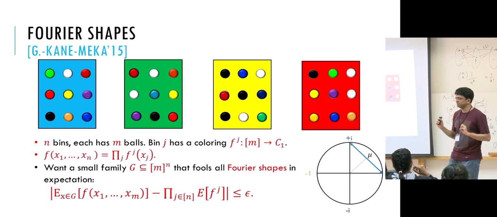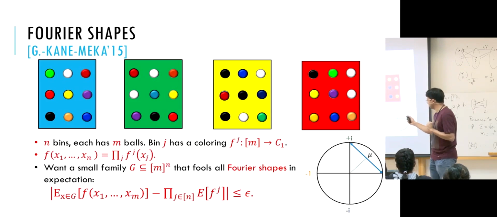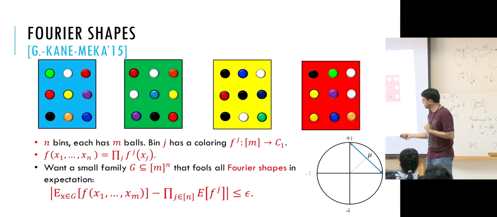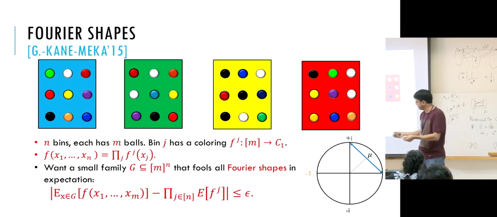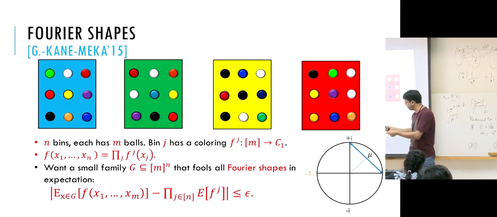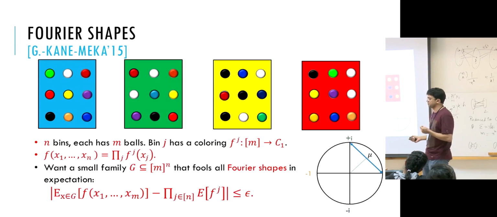There's a subtlety here, which it's worth spending a few minutes over. So here is really what I want. I take my generator, I apply the function f to points in its support. I look at that expectation. Now, if I sample these things uniformly, I know that I'm going to get product of expectations, right?